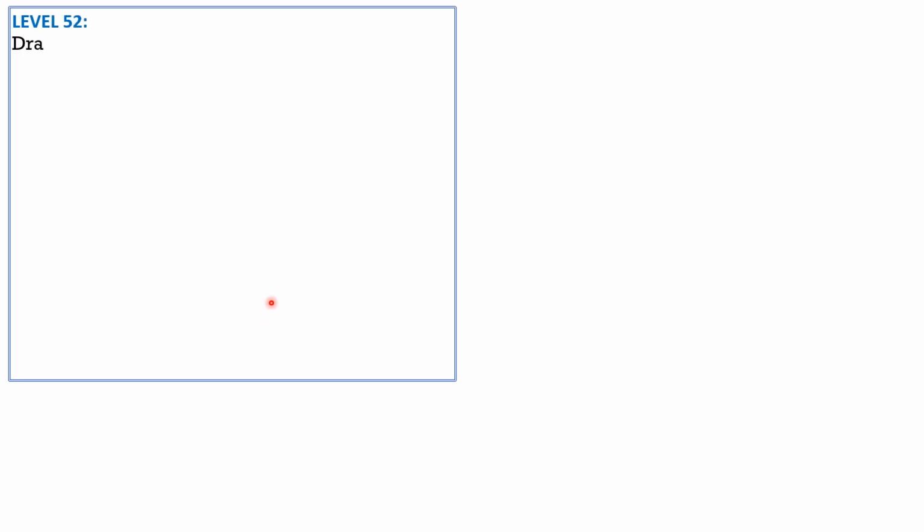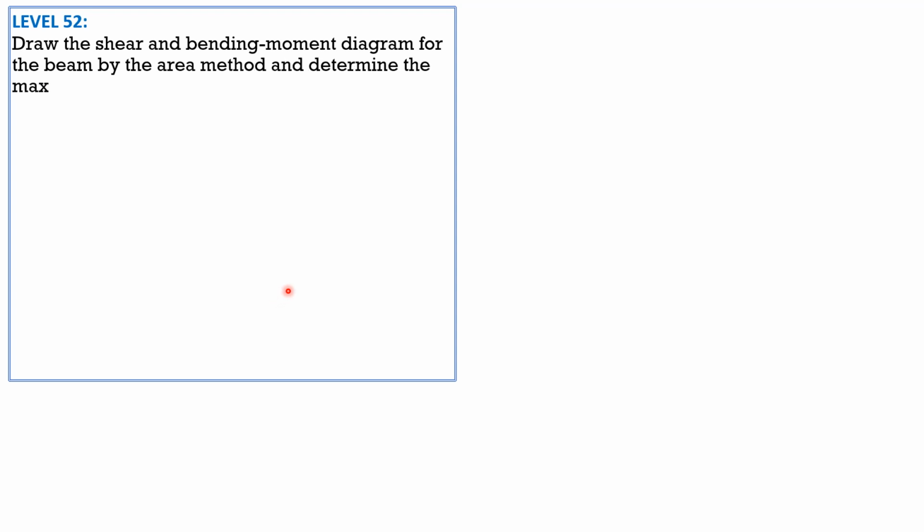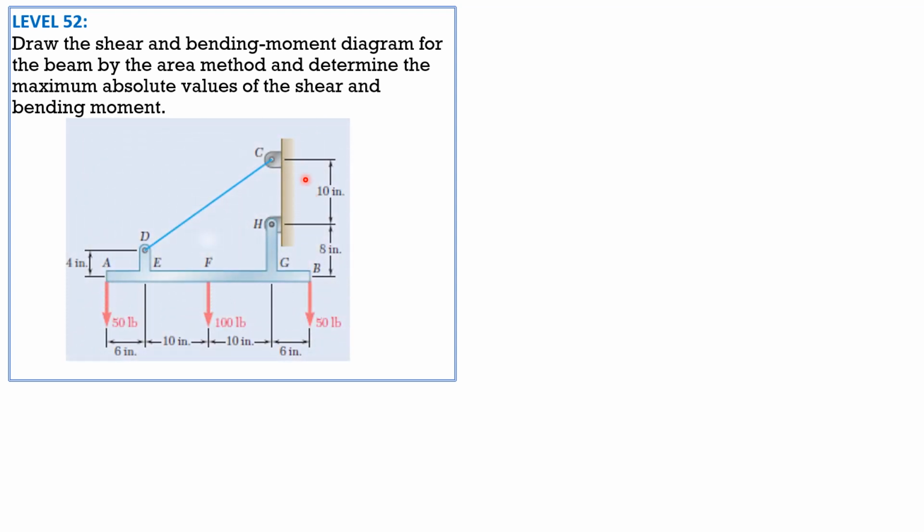Level 52. Draw the shear and bending moment diagram for the beam by the area method and determine the maximum absolute values of the shear and bending moment. So here's the figure. Let's denote the tension in cable CD as T, and let's solve for the angles.